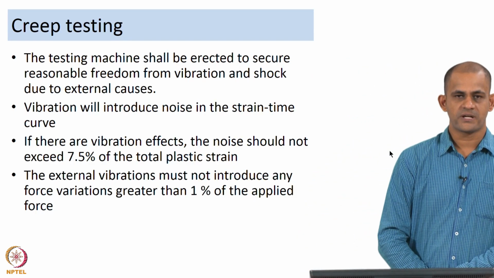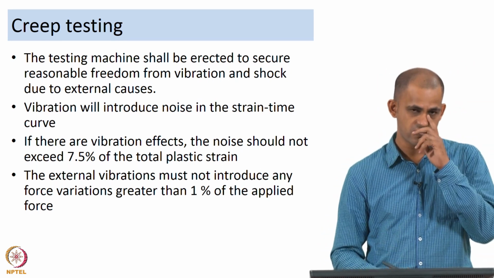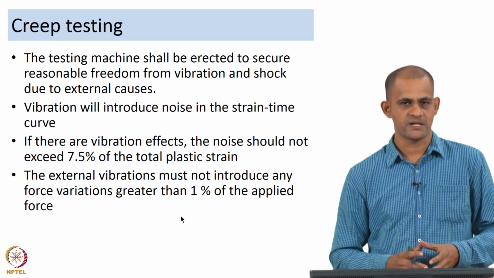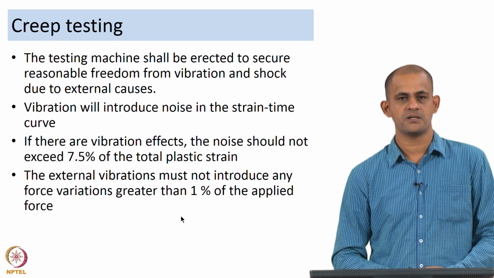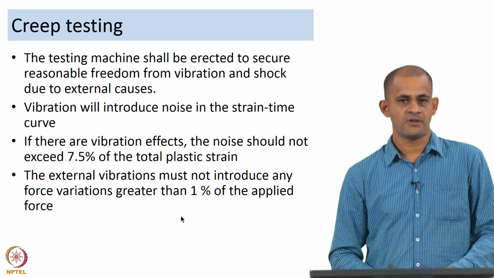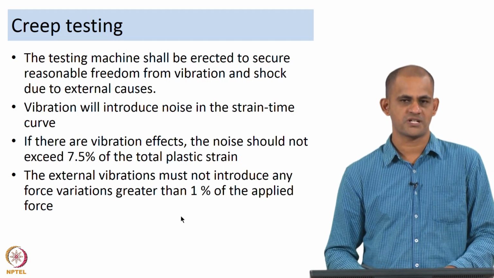Now, once you know the type of test that you are planning on doing, then what becomes important is the actual creep test. Here, when you are doing your creep test and you have a creep testing machine, you have to ensure that your creep testing machine will be erected in a place which is free from vibration and shock due to external causes.